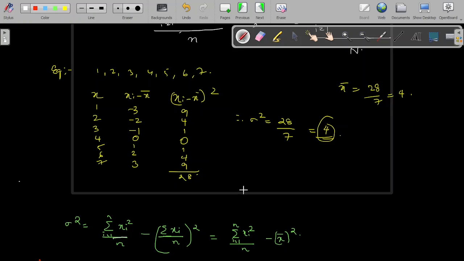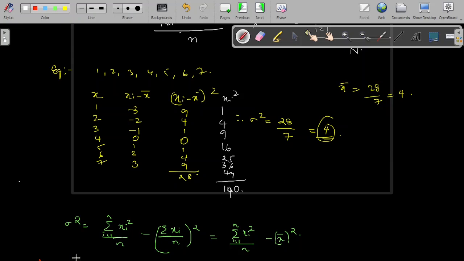This method also can be used to find the variance, because once the mean is found, you just have to find out xi square. See, xi square, if I write here, 1 square 1, 2 square 4, 9, then 16, 5 square 25, 6 square 36, and 49. Then I need the sum of all these. So this sum is 140.